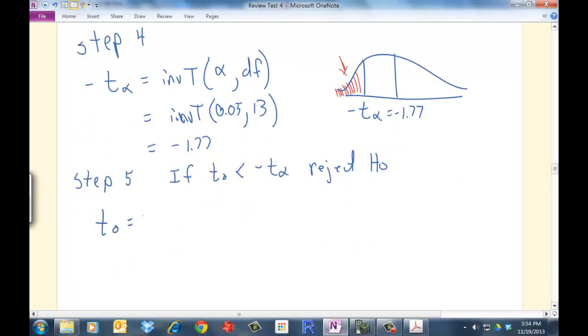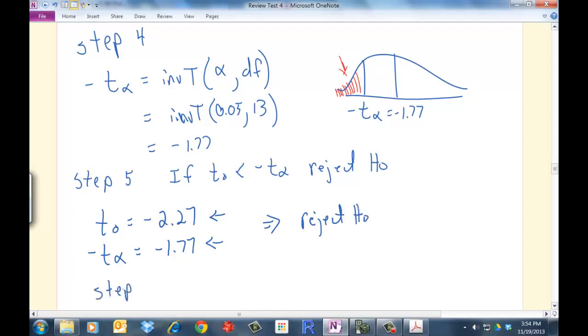T0 we got to be minus 2.27, minus T alpha is minus 1.77, and so clearly we can see that T0 is definitely less than minus T alpha, and also it's in the red region too, so this information tells us to reject H0.